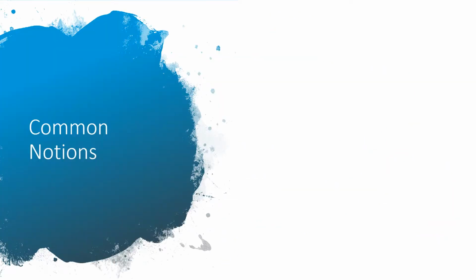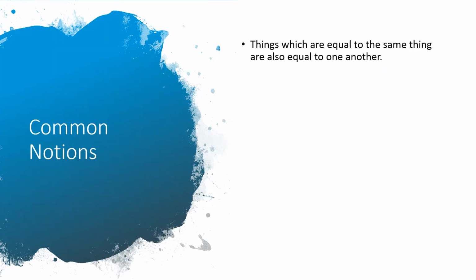Okay, the last piece is some common notions. These are some easy things. Things equal to the same thing are equal to one another. That is, if AB equals AC, and AC equals DE, then AB equals DE.